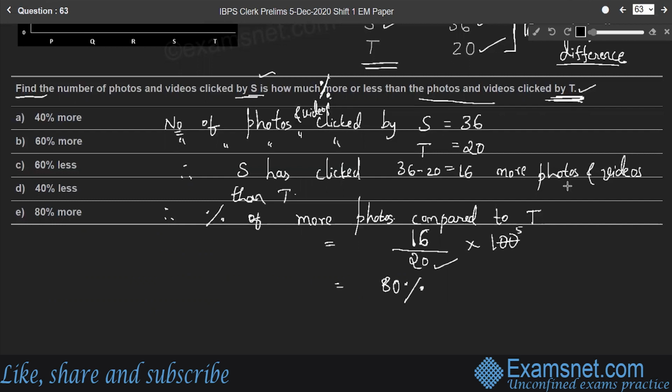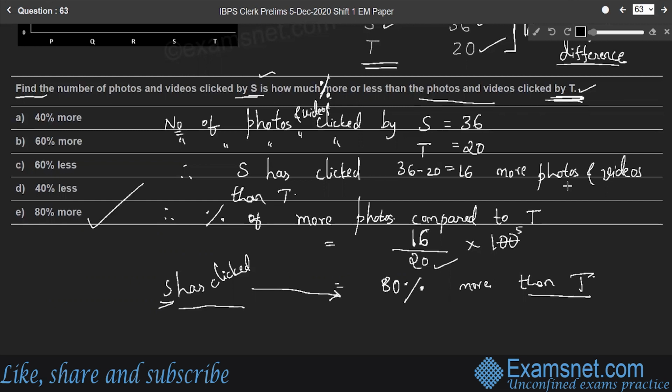So S has clicked 80% more photos and videos than T. I'm repeating once again: S has clicked 80% more photos and videos than T. Therefore, the answer is 80% more.